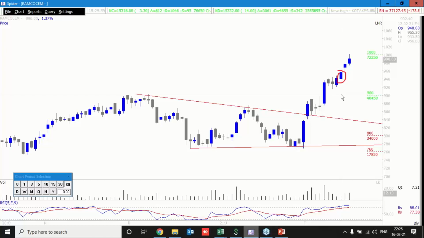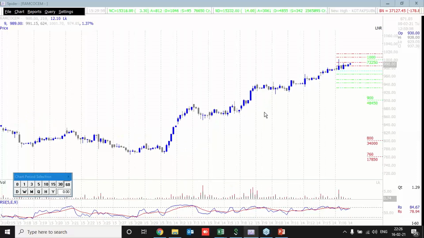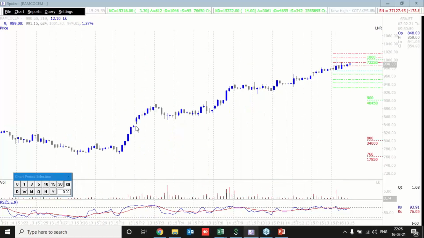Now when we look at the volume aspect in this particular stock, the breakout happened on 2nd of February 2021. I'm going to go inside this particular candle and flip onto the hourly chart so that we have a better understanding. 2nd of Feb is where the breakout happened.